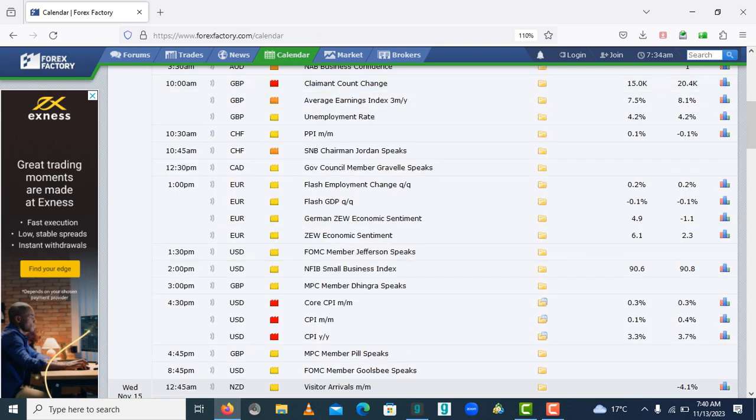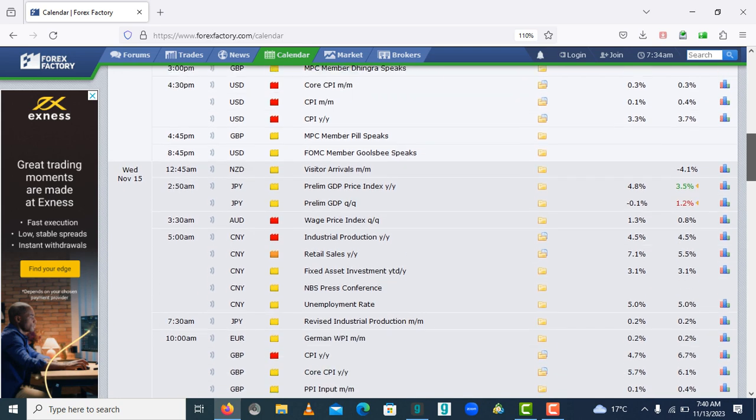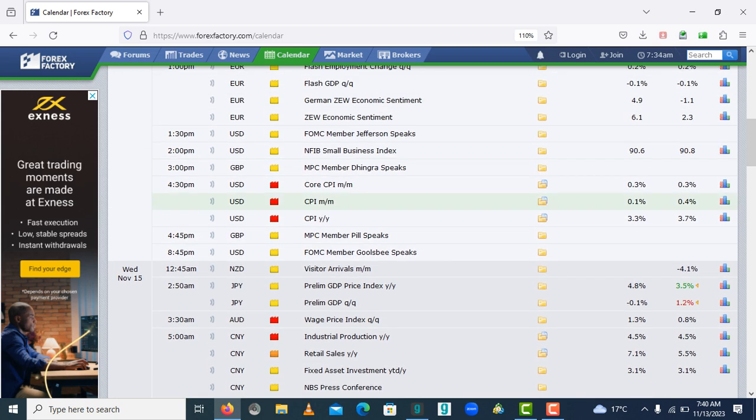Another one, this is core CPI, or what we refer to as consumer price index. It is equally released today. For my time frame, it is at 4:30 p.m. You don't have to cram all these things. What you need to do is just come to the Forex or the economic calendar.